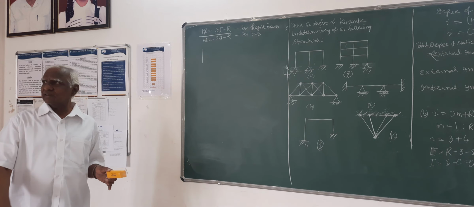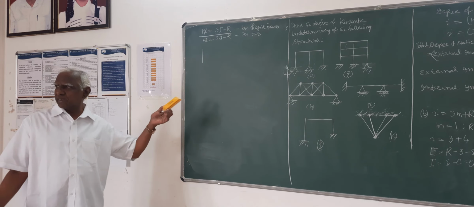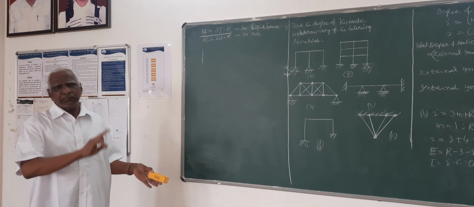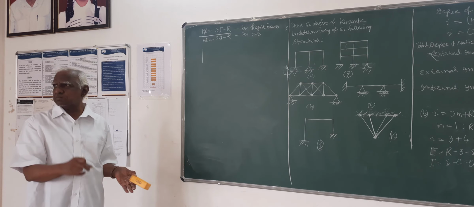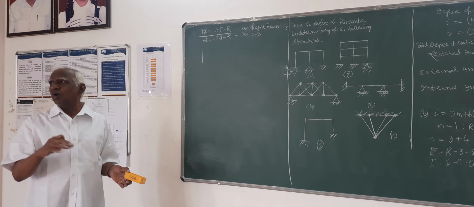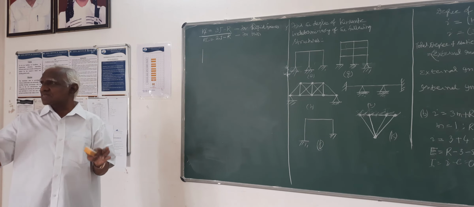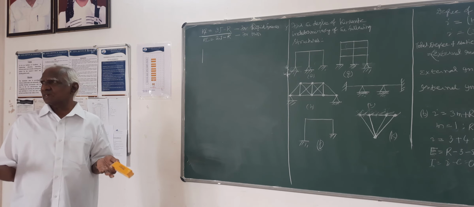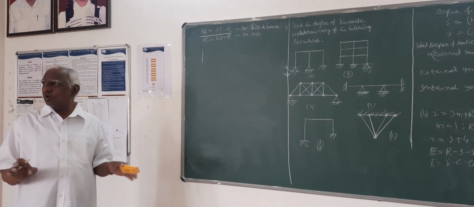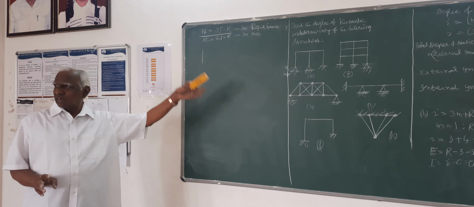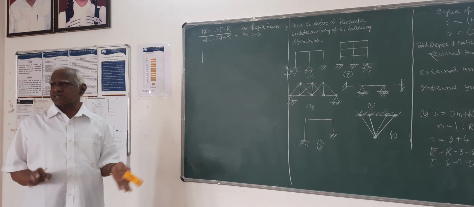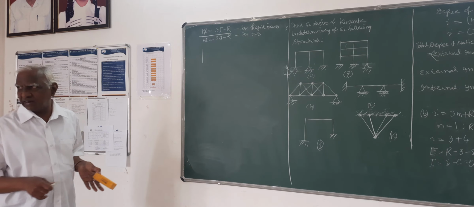Out of these 6, three are absent in planar structures because those displacements would be out of plane. Out of plane means the structure has to go out of the plane, which means it is unstable. We are not considering that unstable structure. So we restrict the movements in planar structures to only 3.